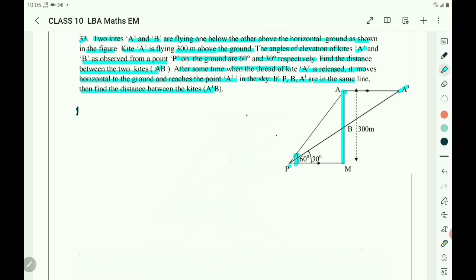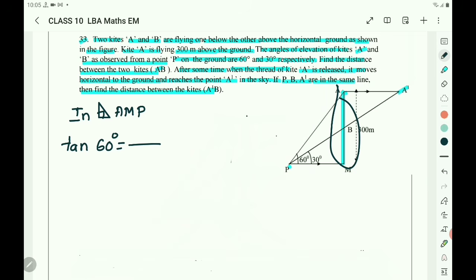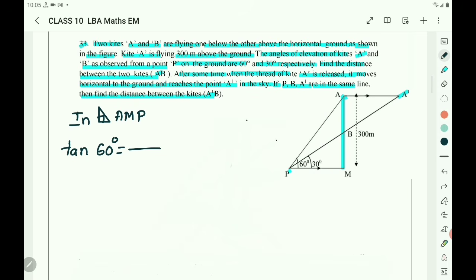For that 60 degree angle, AM is the opposite side and PM is the adjacent side. Which trigonometric ratio is with the opposite side by adjacent side? That is tan theta. So write the triangle name and take tan theta. In right angle triangle AMP, tan 60 degree equals opposite side AM by adjacent side PM.